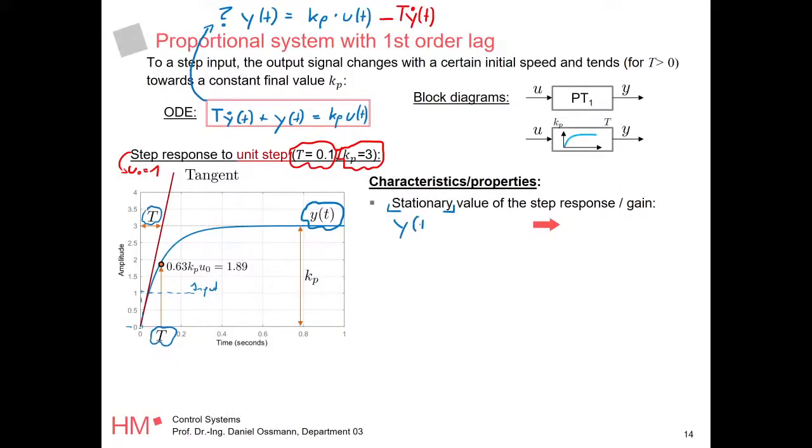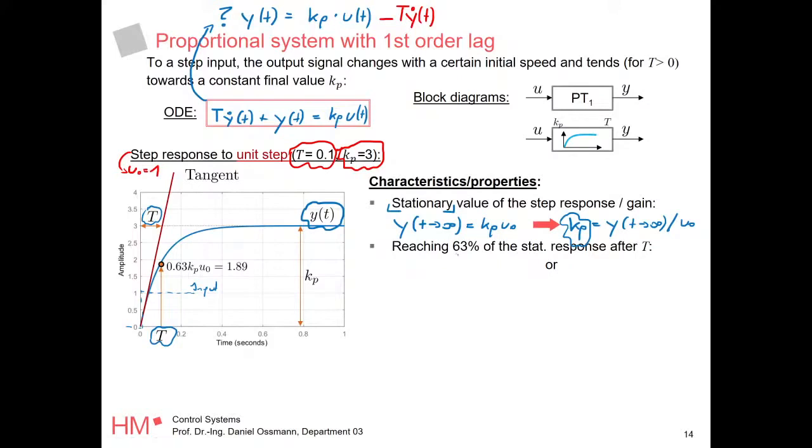That means if we just wait long enough, so we let our time go to infinity, the system will look like a proportional system. There will be no y dot here, right? So that's why we can say if we do an experiment and our system looks like a PT1, we can just take our final value divided by our input and calculate our gain, right?